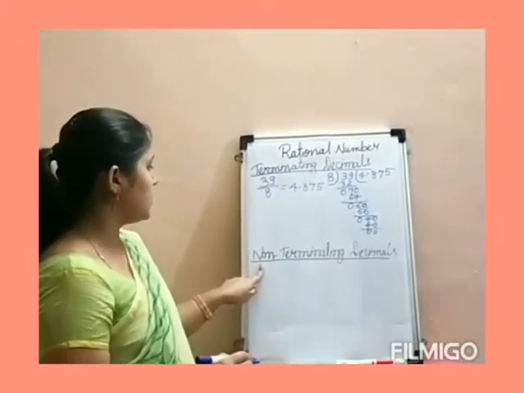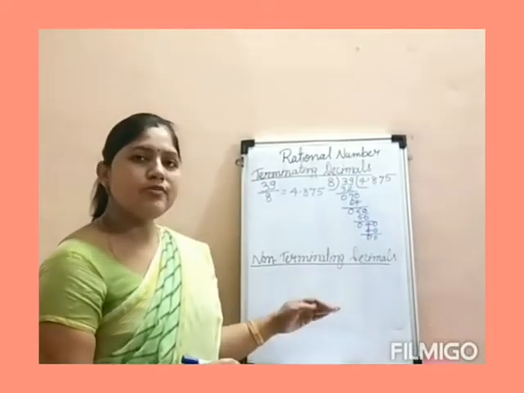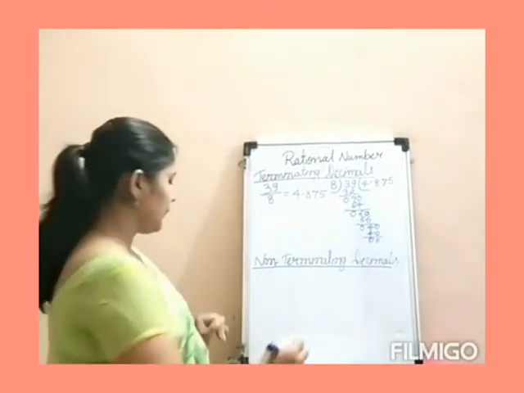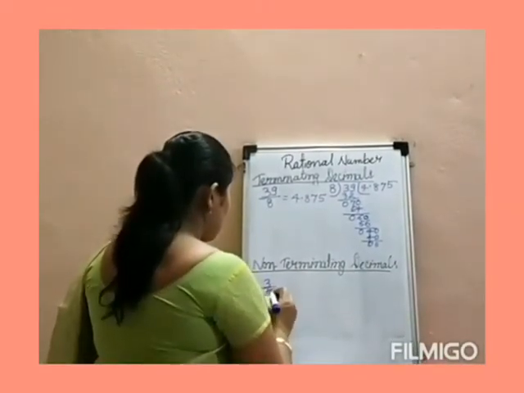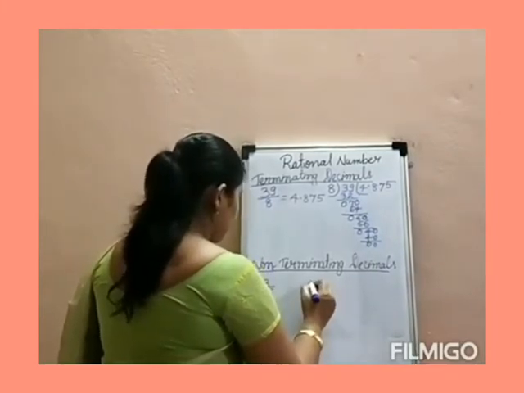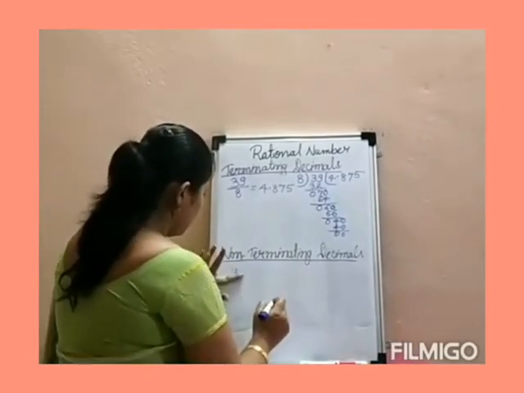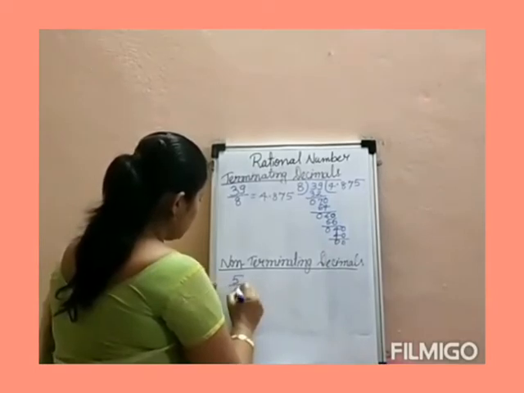Now non-terminating decimal. After decimals, if the numbers are infinite, these are called non-terminating decimals. For example, if the rational number is 5 upon 3.